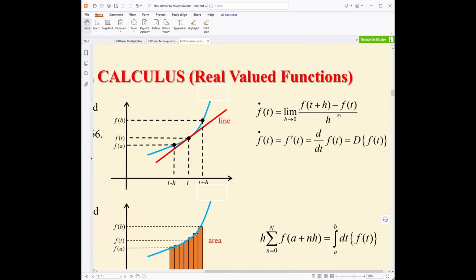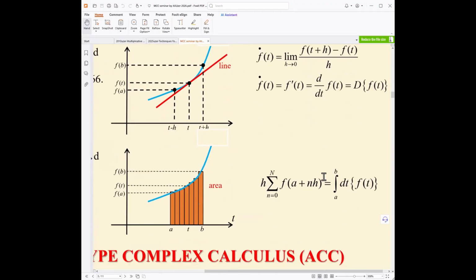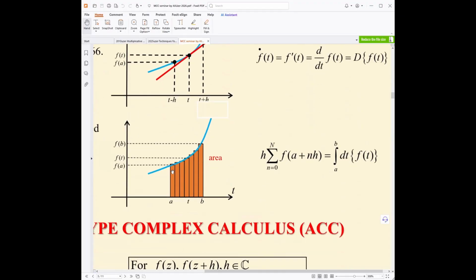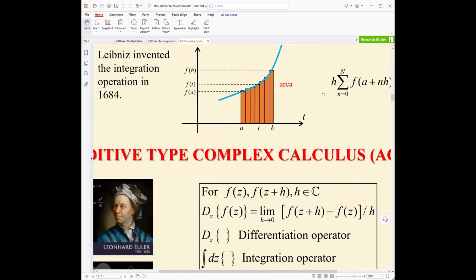The definition of the calculus is given by a limit as the variable parameter h goes to 0. We make a subtraction between two quantities, and this limit is known as the derivative of the function. And then integration of the area under a curve was considered by Leibniz, and he discovered this integral operation, as you know.